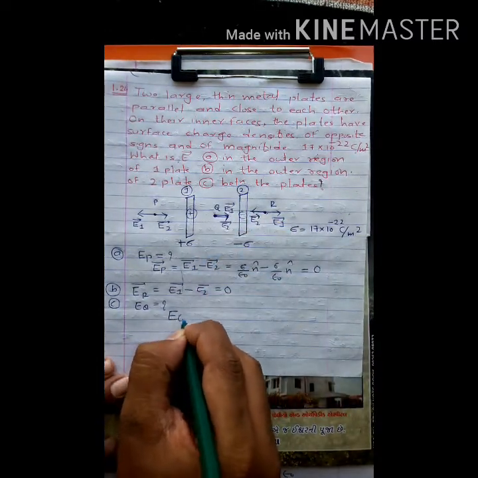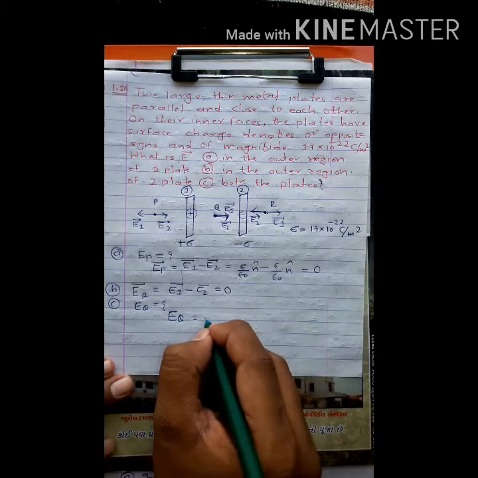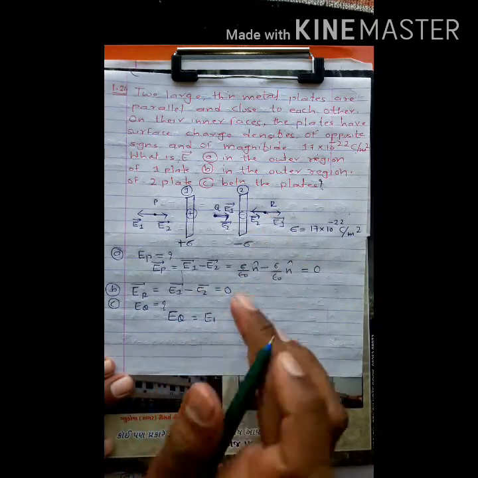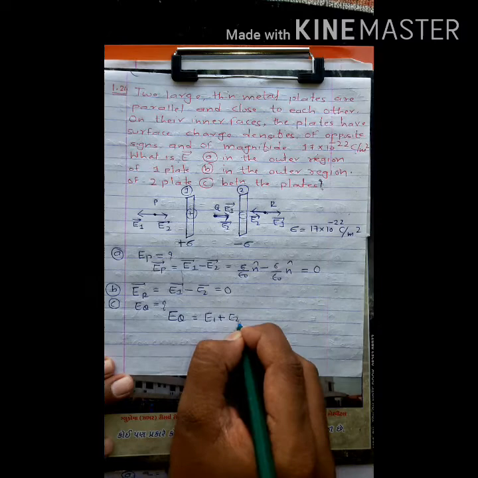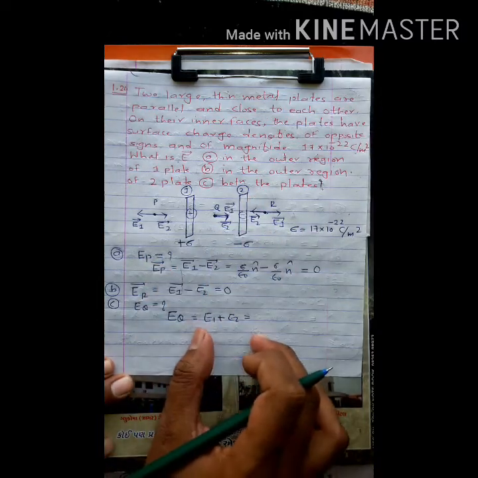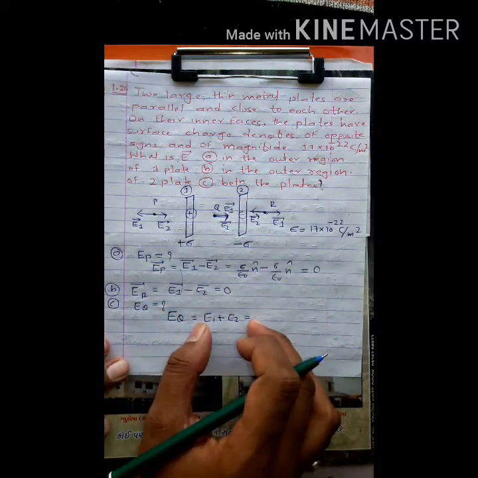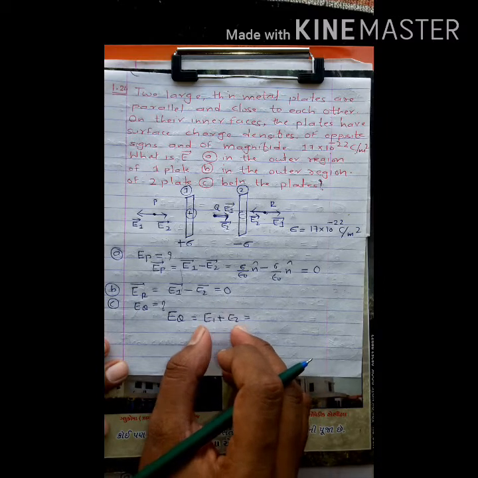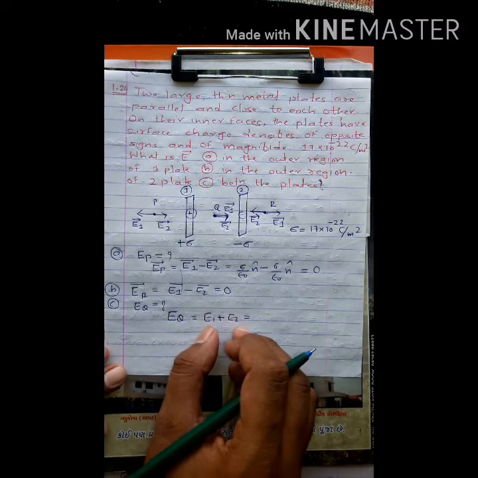So electric field at Q point is given by, here we consider only magnitude, E1 plus E2. Because direction of E1 and E2 are equal, so direction is not important, only magnitude is important. E1 plus E2.